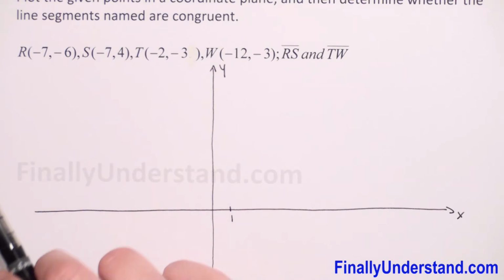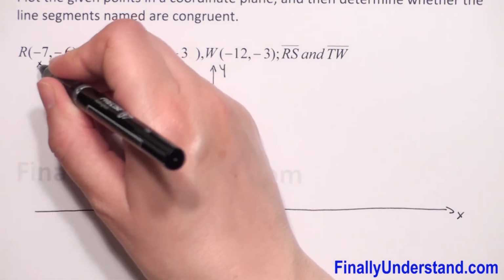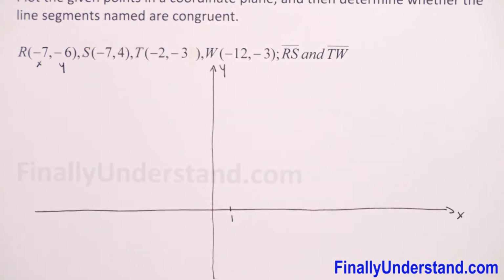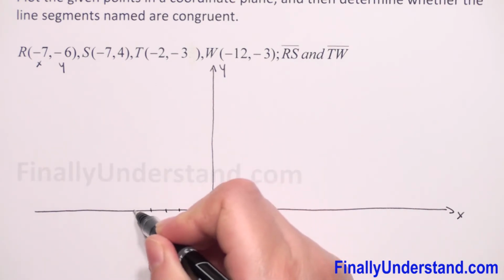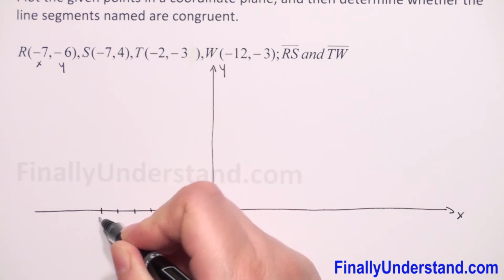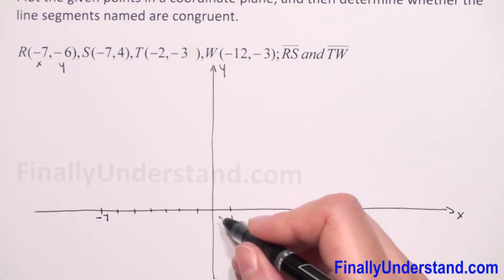Let's see our R point first. The first coordinate is always X and the second is Y. So we have -7 for X, and Y is -6.